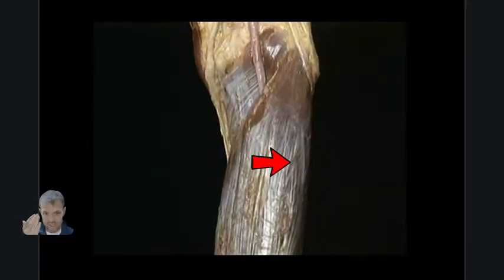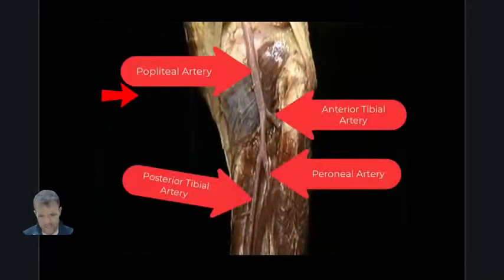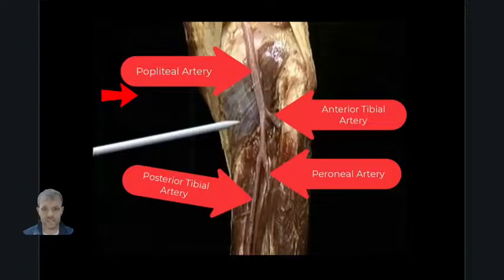So you've got gastrocnemius and soleus, and then there's the nerve and there's the artery. That popliteal artery is quite exposed behind the back of the knee, but as soon as it passes the knee, it dives deep behind gastrocnemius and soleus.